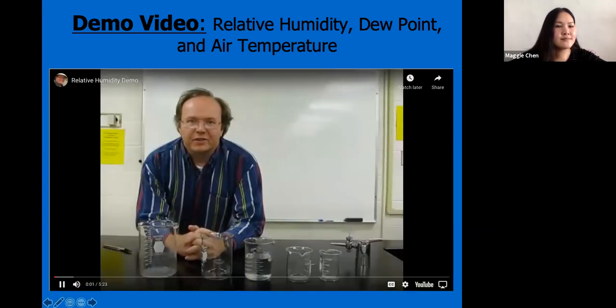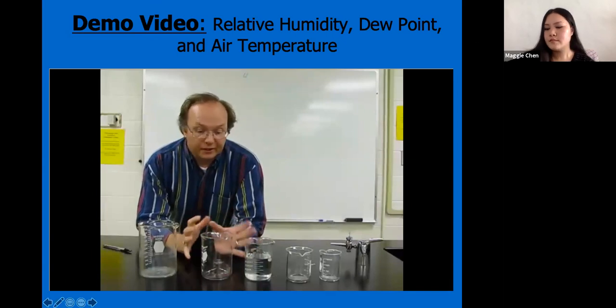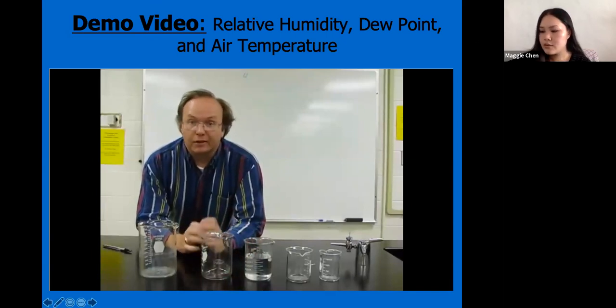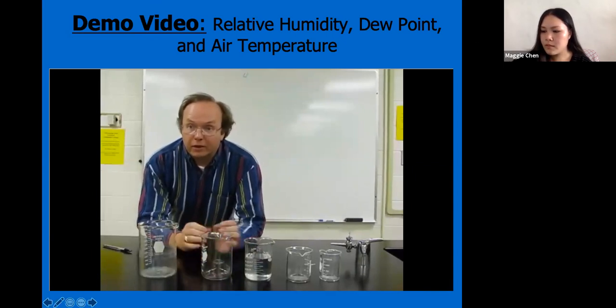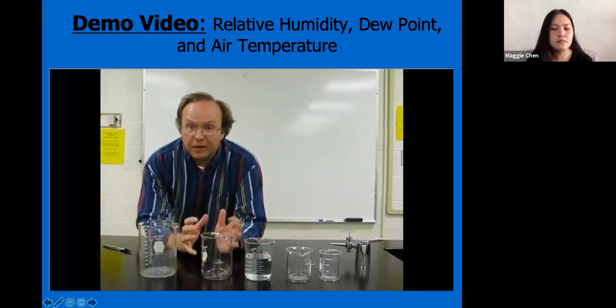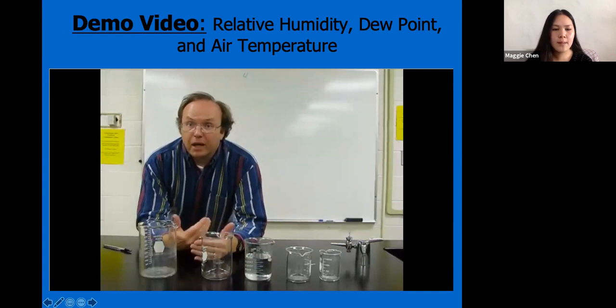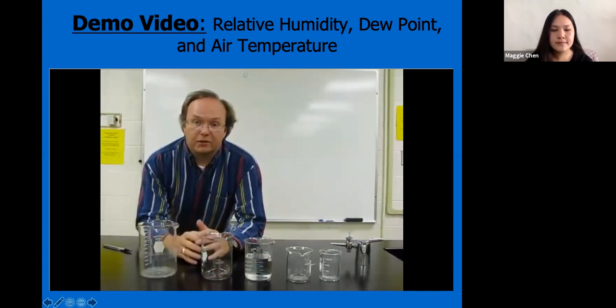All right, in this demonstration, we're going to use these beakers and some water to demonstrate the concept of relative humidity. Now remember, the relative humidity is the amount of water vapor, individual water molecules, in a given parcel of air relative to the number of water molecules that could be in that particular parcel of air.